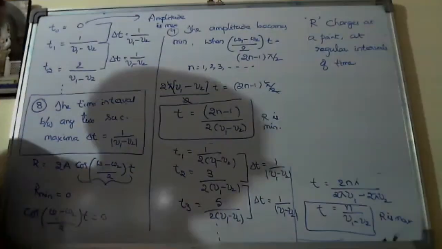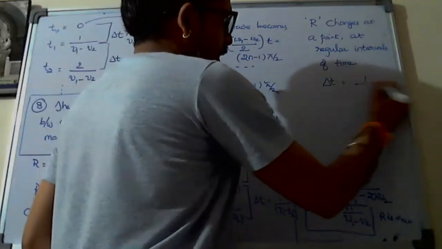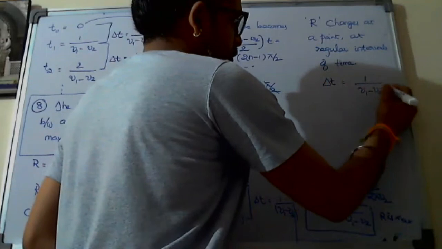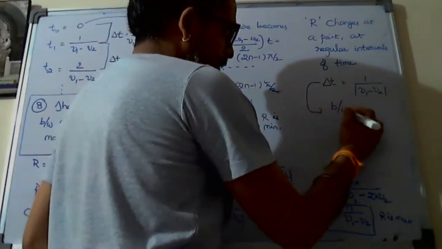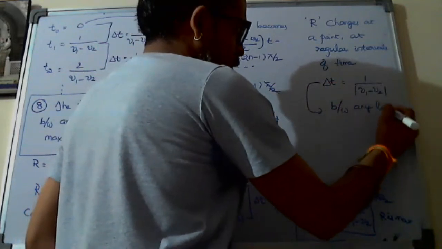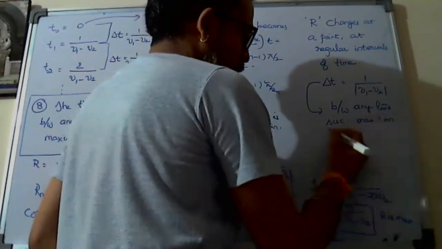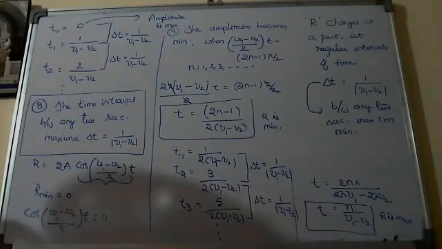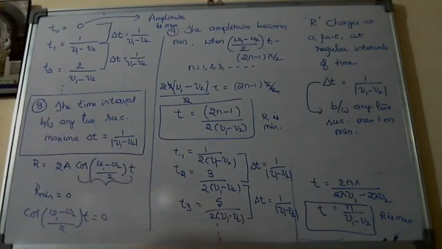At what time interval? Either maxima or minima, both are equal: 1 by mu 1 minus mu 2. This is the time interval between any two successive maxima or two successive minima. Maximum to maximum, generally we take as time period, like crest to crest, trough to trough.